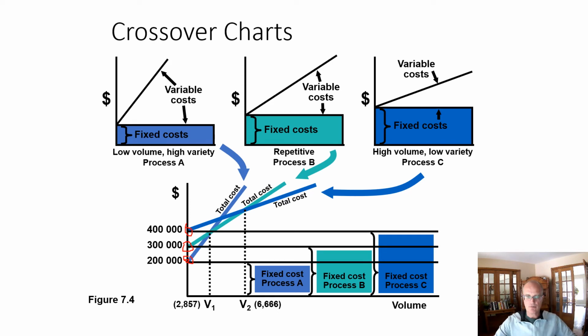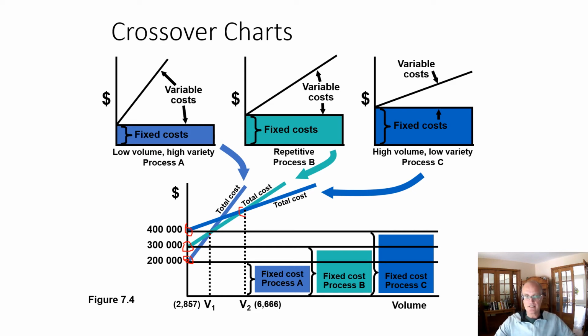Then when we start to produce, the variable cost is higher for process A. And so once it crosses process B, which starts higher but rises at a slower rate, at this point you prefer process B. And then process C has a lower variable cost and a higher fixed cost. At some point, it crosses C.